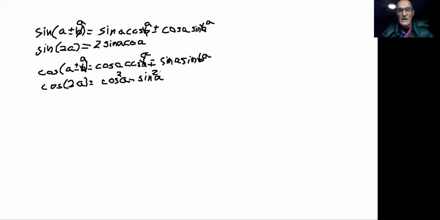Now, there are two other versions of this formula. So I can say cosine 2a, and I get the other two versions from the sine squared plus cosine squared equals 1 formula. So I have sine squared A plus cosine squared A equals 1.